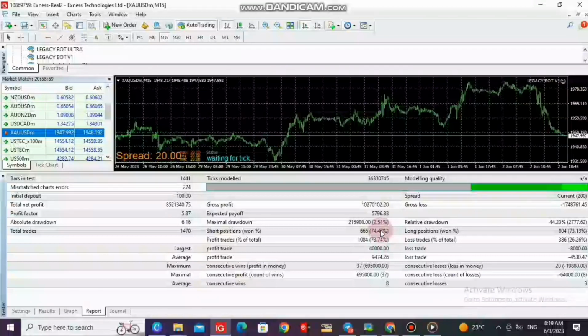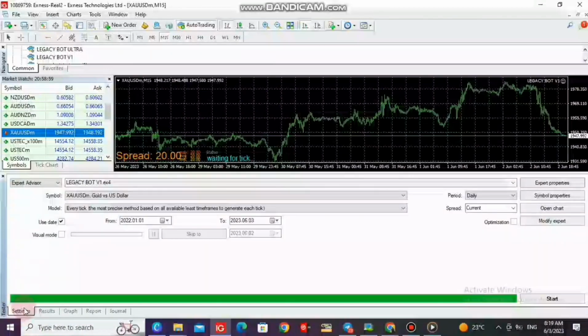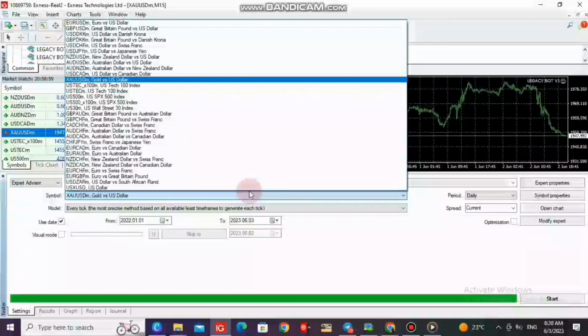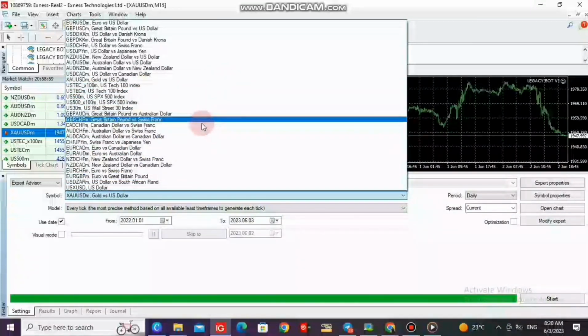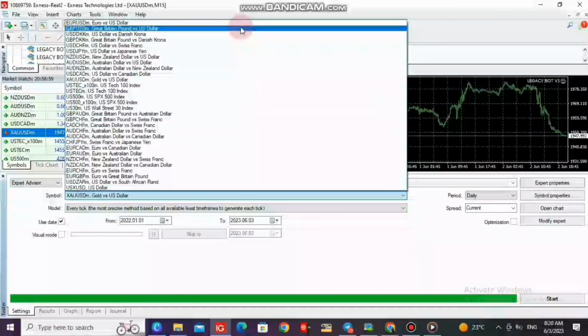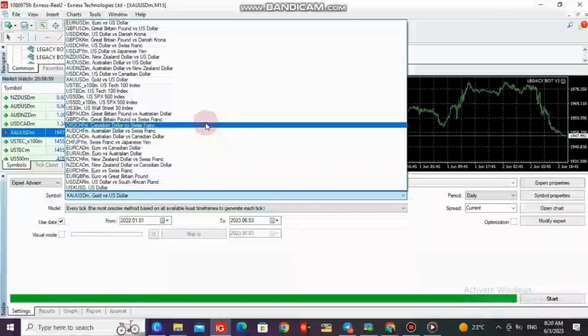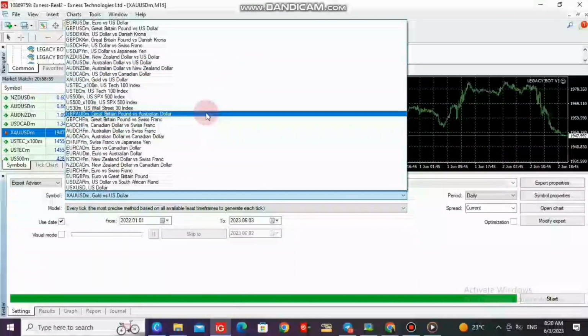It's actually good. It took over 40,000, if I'm not mistaken. Yes, this is 40,000 profitable trades, and that's awesome, guys. So for now we are going to test out a currency pair. Let me just see what we can use. Okay, let's say GBP AUD.